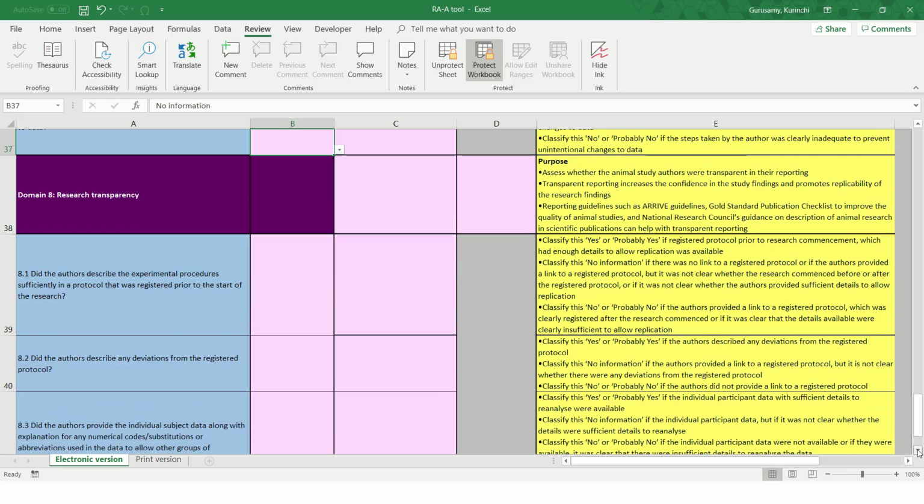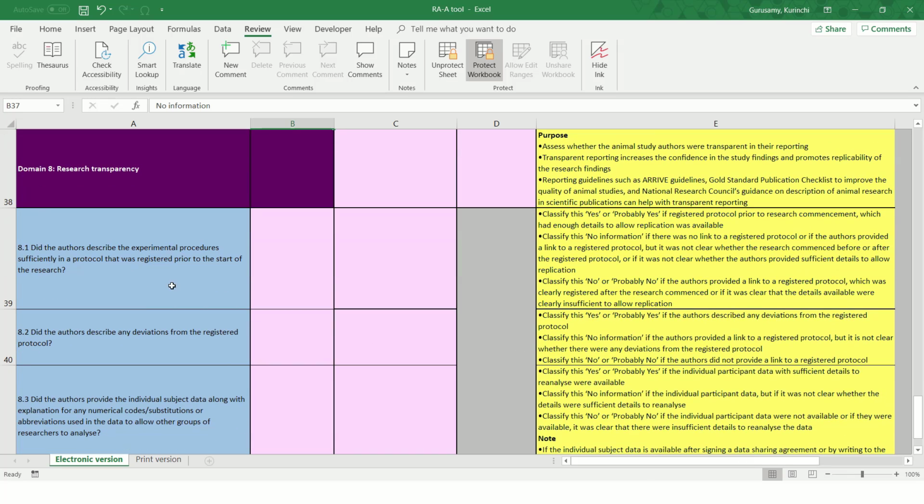Next is research transparency. Did the authors describe deviations from a protocol that was registered prior? If it was registered, they did not provide a link. Classify this as no information if there was no link to a registered protocol.